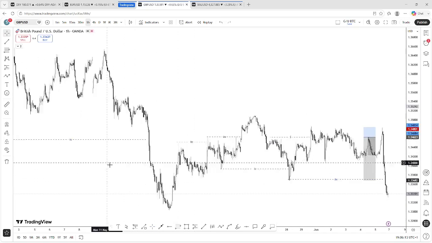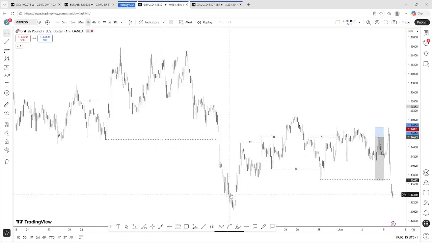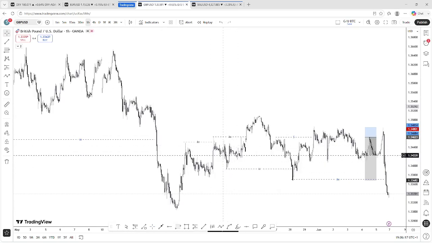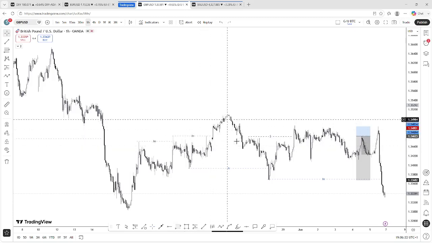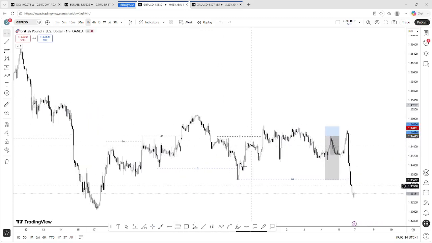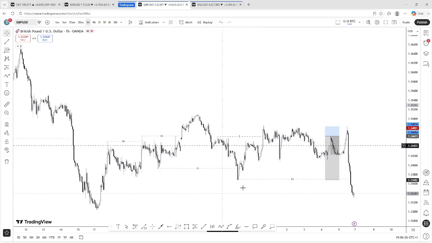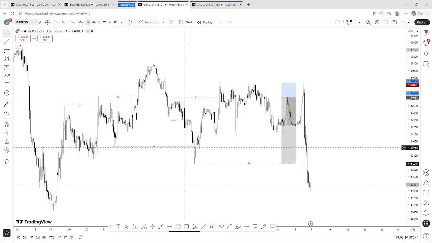As you can see that ever since we had this break of structure, price shifted bullish. But again, this was the last break of structure to the upside before the change of trend to the downside. Okay, and this was the internal liquidity.